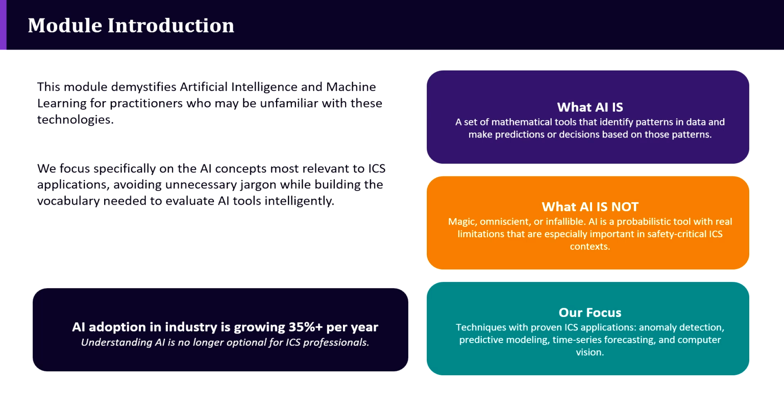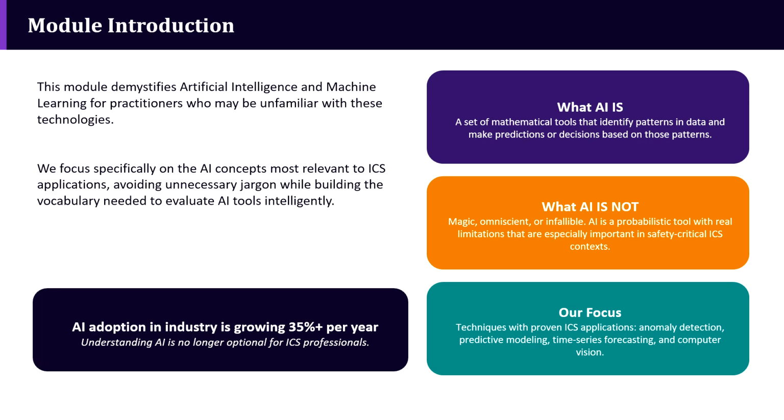Many already have. But there's a problem. A lot of the artificial intelligence content out there is either written for software engineers and data scientists, which means it's too technical for most industrial control system practitioners, or it's marketing material that overpromises and underexplains. Neither is helpful when you need to make real decisions about real systems.